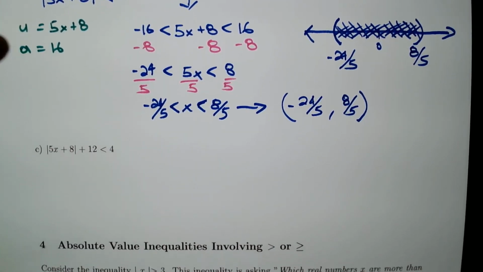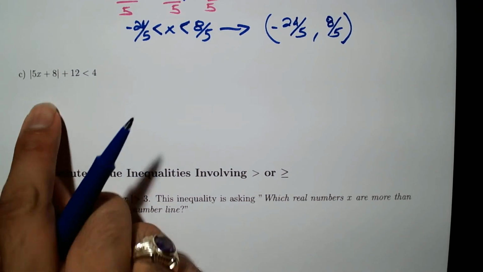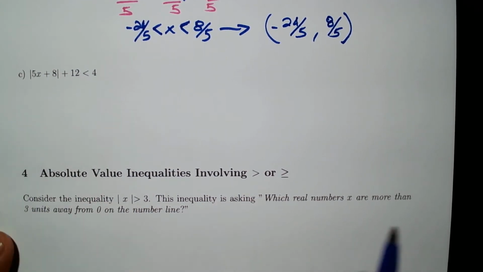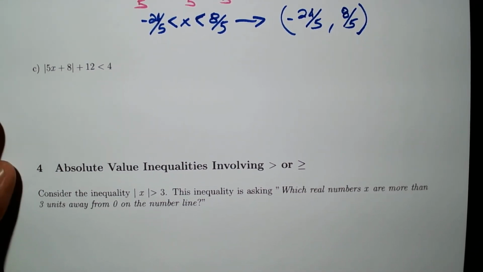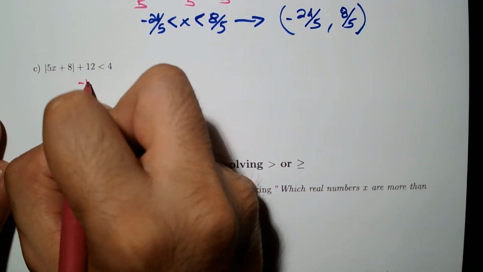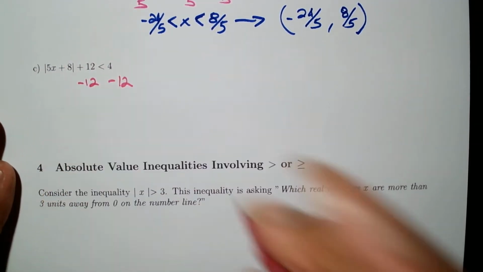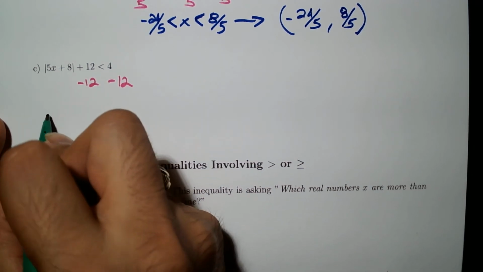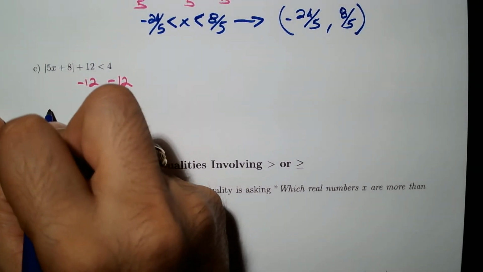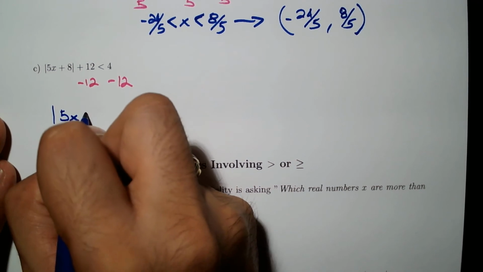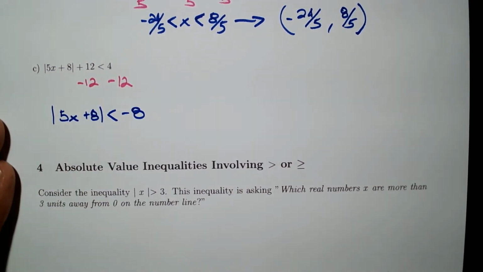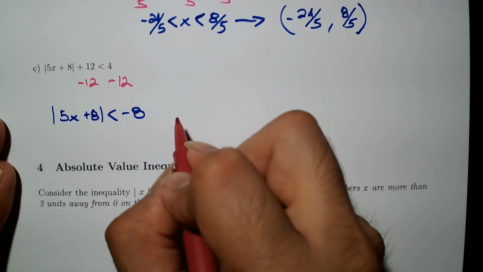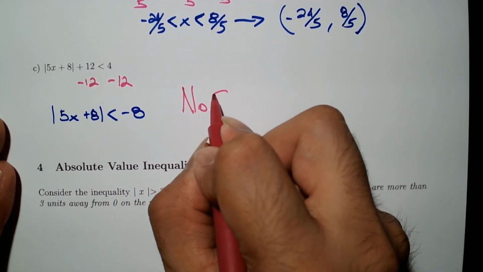Let's do another example. In this case, we don't have the absolute value term by itself on the left hand side of the inequality, so what we're going to do here is to subtract 12 from both sides. Okay, so in this case, we're going to have the absolute value of 5x plus 8 less than negative 8, and this is one of those special cases in which there is no solution.